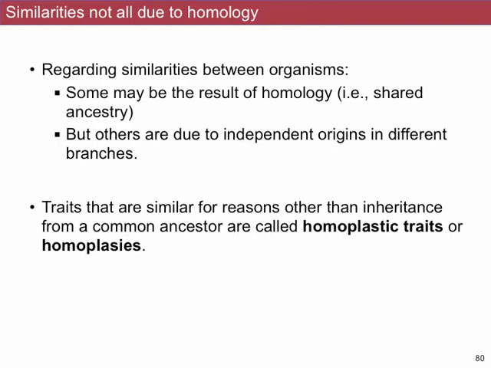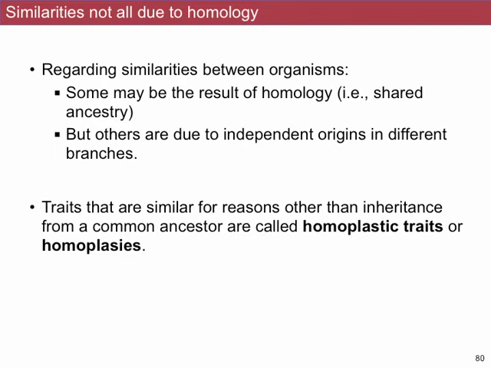And as I told you already, if organisms share some feature that came from a common ancestor, that's what we call homology. But there are cases where organisms can share a feature that they separately invented in different branches of the evolutionary tree. So a great example of this is flight in birds and bats.